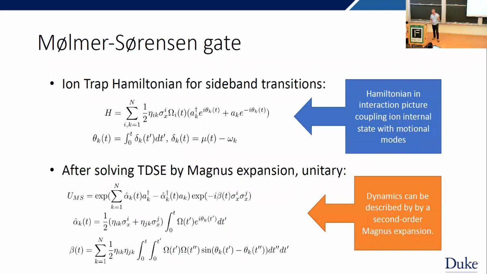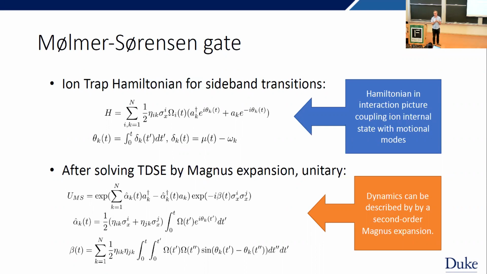How we handle this is the same as always. This is our actual Hamiltonian we're driving, so there's the spin part, and this is the oscillator parts for the different modes. It turns out that basically because momentum and position commute to give you a number, it makes the Magnus expansion really good.